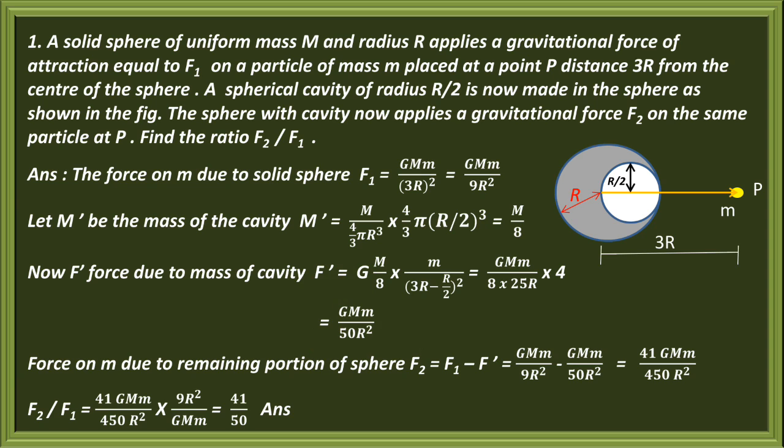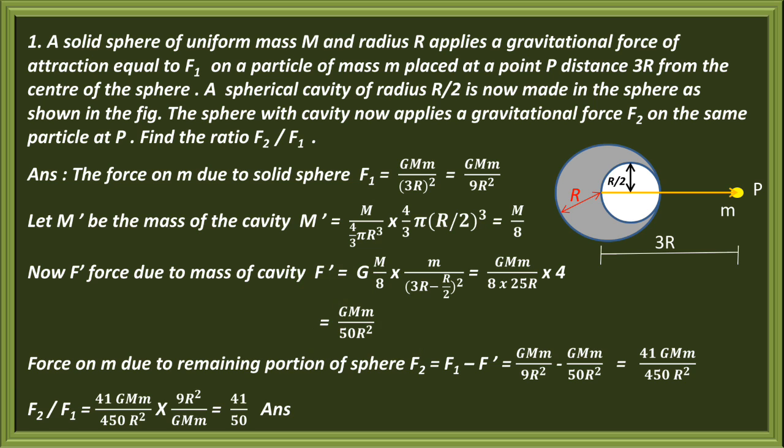Now the force on m due to the remaining portion of the sphere can be calculated by taking the difference of these two forces F1 and F dash. So after taking the difference, we get 41 GMm by 450R square. Now take the ratio F2 by F1, we get 41 by 50. This is the required answer.